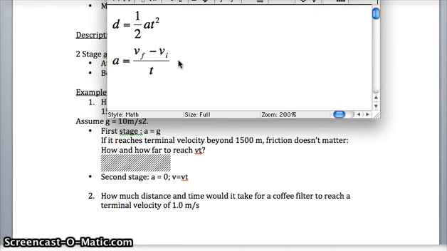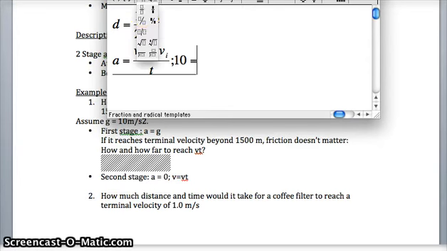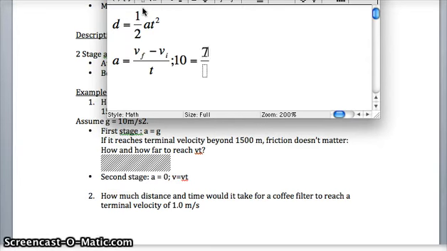Our acceleration is 10. Everything's moving down, so you can assume down is positive. 10 is equal to 70 minus 0 over time, and therefore our time is equal to 7 seconds. So it takes 7 seconds to reach terminal velocity.